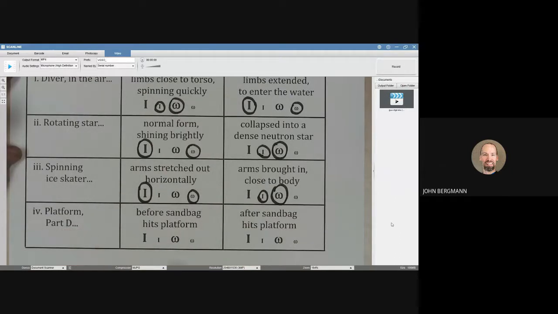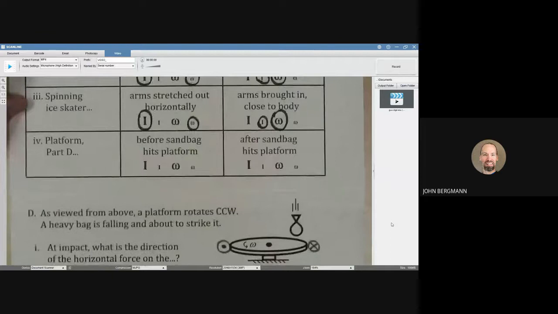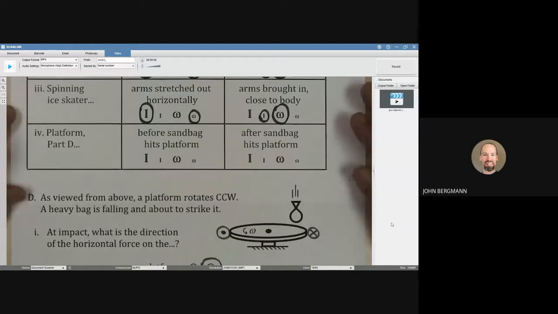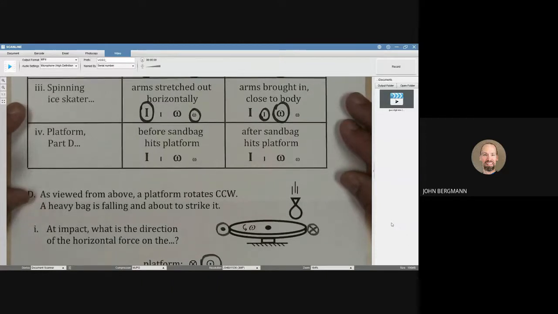And how about this? What about the platform that we met in part D? Should I put that picture back up here for you? Before the sandbag hits the platform and then after. Well, after, we have more mass that's farther from the axis that is rotating.